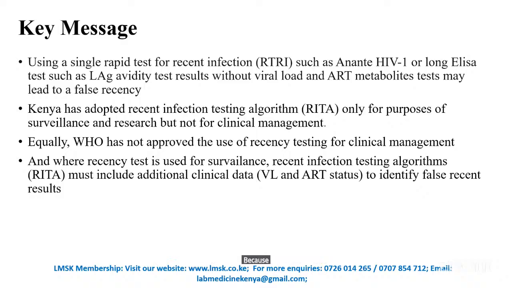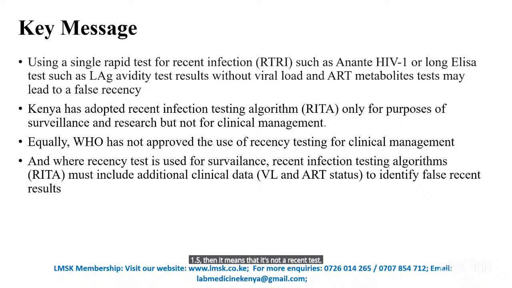Because Asante will give us a result that this is a recent infection or this is a long-term infection. And then when we move to the limiting antigen test, it's also going to give us the OD. If it is greater than 1.5, then it means that it is not a recent infection.